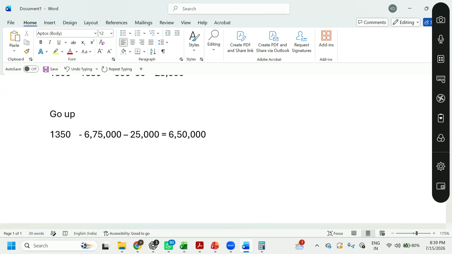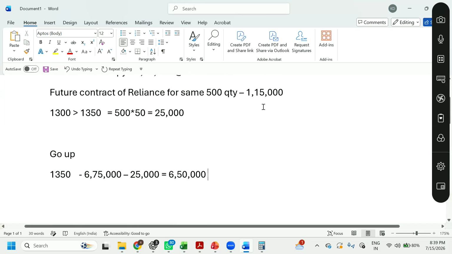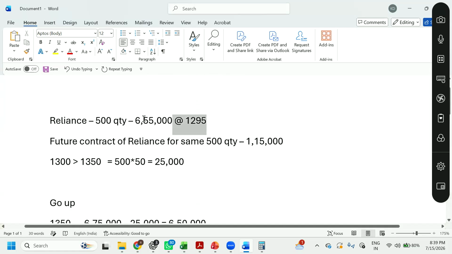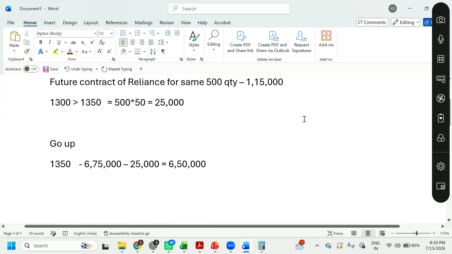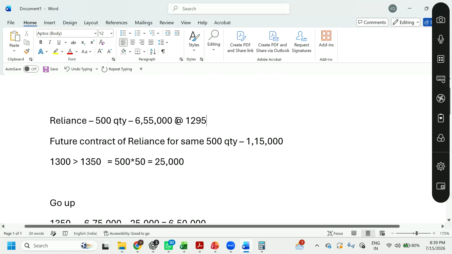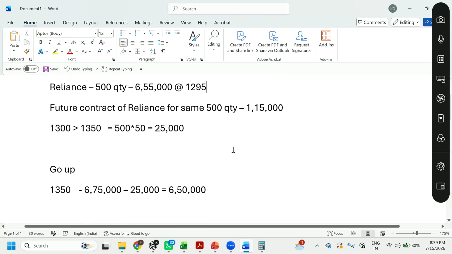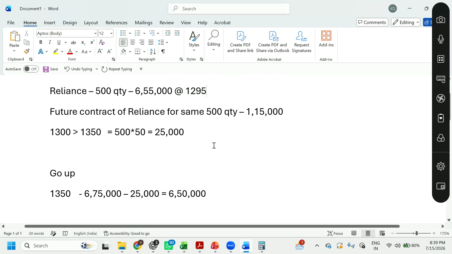What I'm trying to show here is, even though I don't have the money today to buy Reliance, I went and bought Reliance in the month of August at a higher price, but I was able to get it at almost a similar price because I hedged my risk. What did I do?